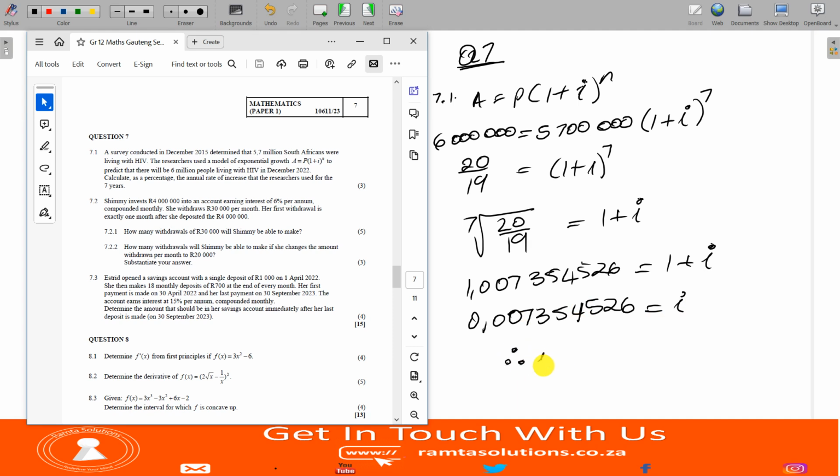Therefore, we can say i is 0.74%. This is the annual rate of increase that the researchers used for this study. Perfect. Now, let's go to 7.2.